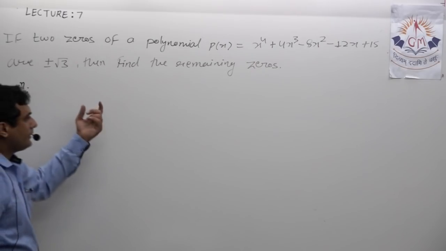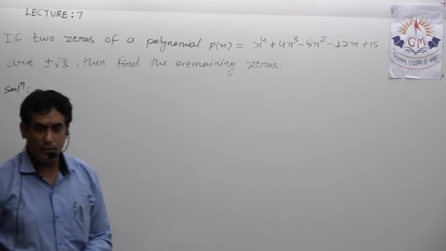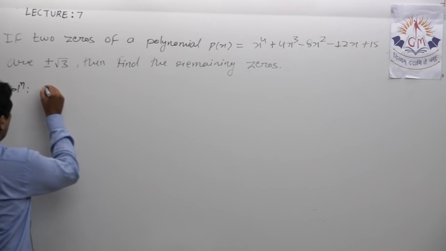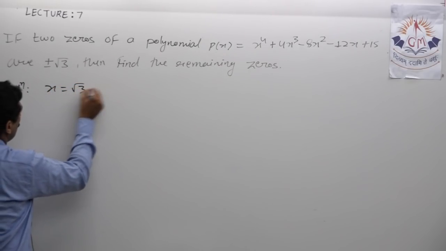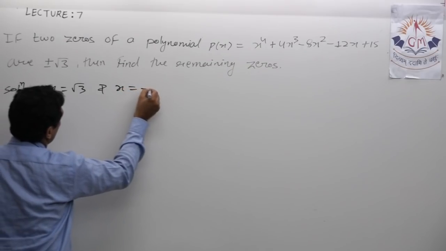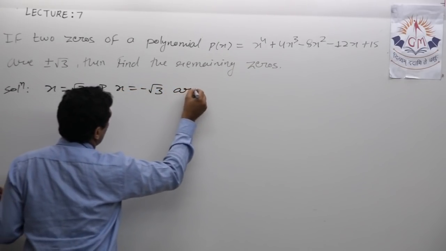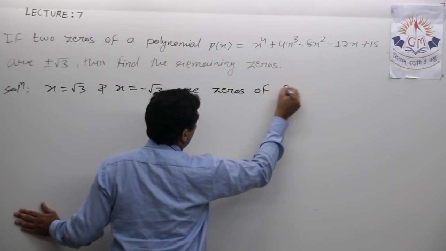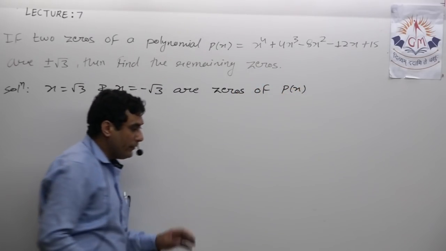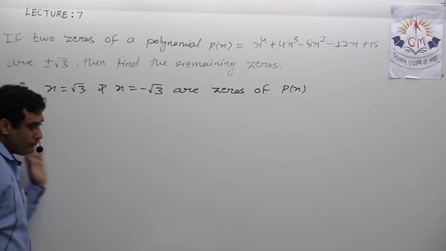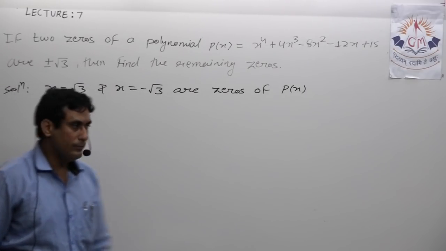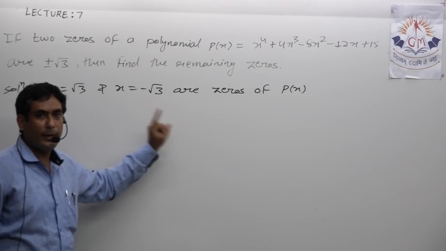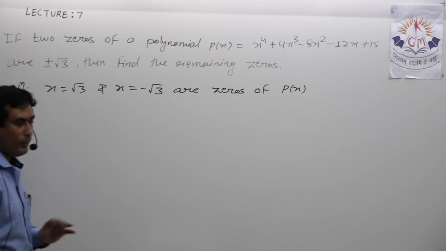See, two zeros are given. x equal to root 3 is a zero, x equal to minus root 3 is also a zero. So x equal to root 3 and x equal to minus root 3 are zeros of p(x). Now if you remember the factor theorem, it says if x equal to a is a zero, then x minus a will be a factor of the polynomial.